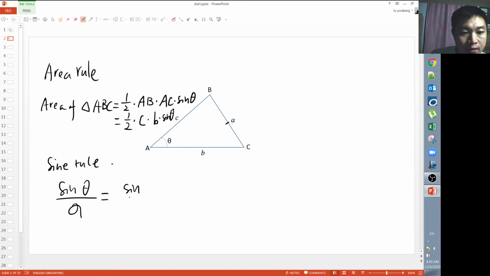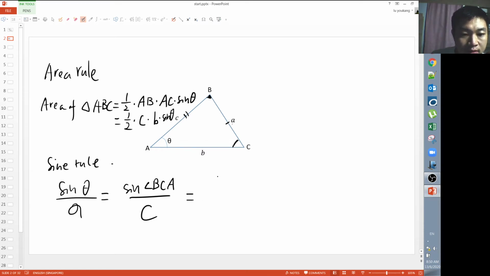Now let me choose another angle here. So this is your angle BCA. If I take sine of angle BCA, the opposite side to this angle is this, which is your side AB or your side C. So sine of this angle over C is equal to the ratio for the last angle you have.